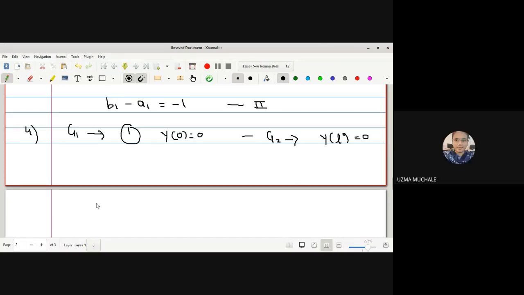Okay, G1 must satisfy the first boundary condition, which means G of 0, t is equal to 0. G1 of x, t is a1x plus a2.